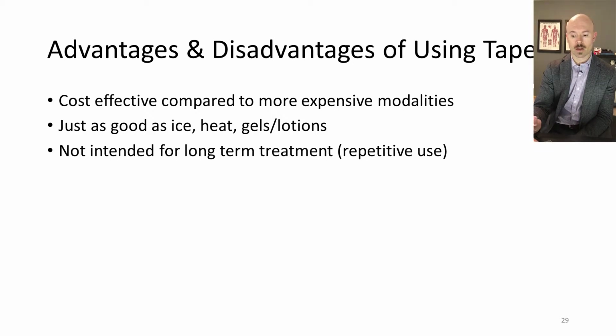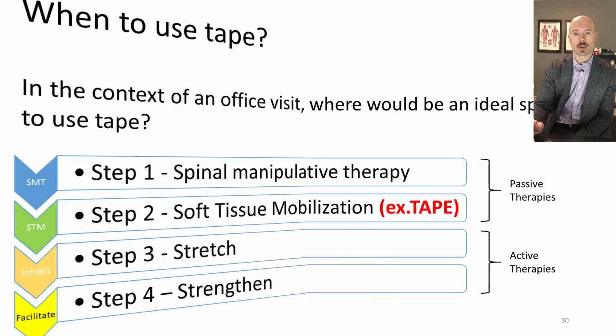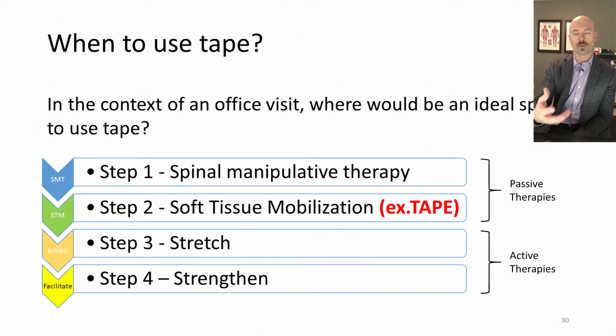Now, part of getting the response that you want from using these tools is using them in conjunction with other treatments, right? If we just rely on kinesiology tape or biomechanical tape by itself, it's probably not going to get the best bang for our buck that we're looking for.